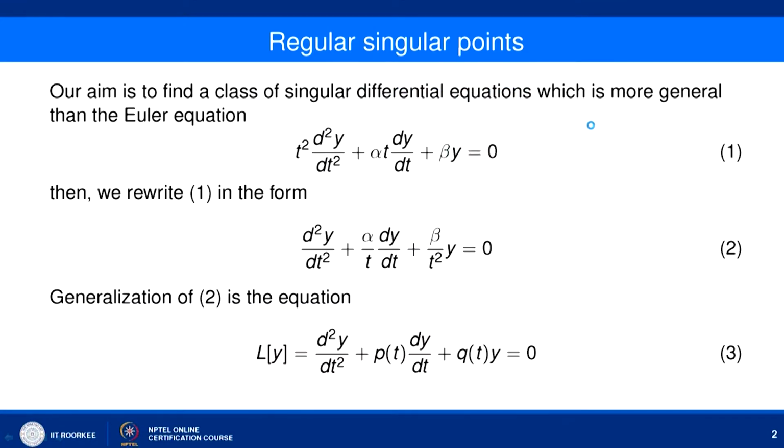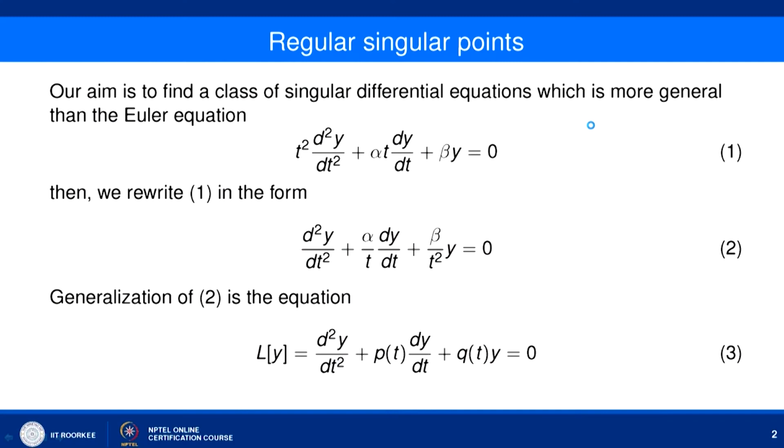Here our aim is to find a class of singular differential equations which is more general than the Euler equation. One example is that t equal to 0 is a regular singular point for the Euler equation t square d2y by dt square plus alpha t dy by dt plus beta y equal to 0.